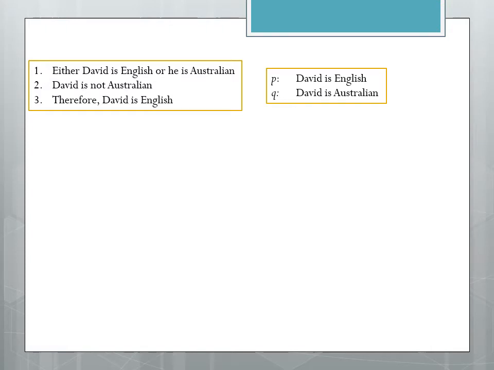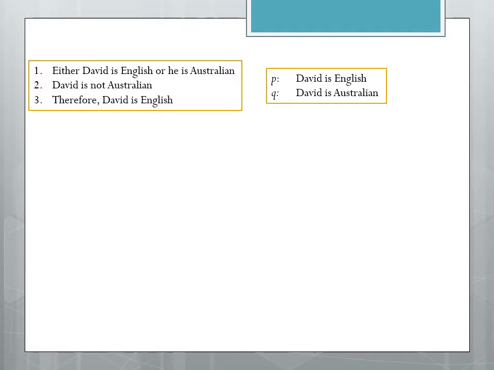Notice that David is not Australian isn't for us a simple sentence, because the word not is something that has a special symbol. So we don't want to denote the sentence David is not Australian with a lowercase letter and ignore the gate symbol. So here we have then our two simple declarative sentences that are contained within the argument.